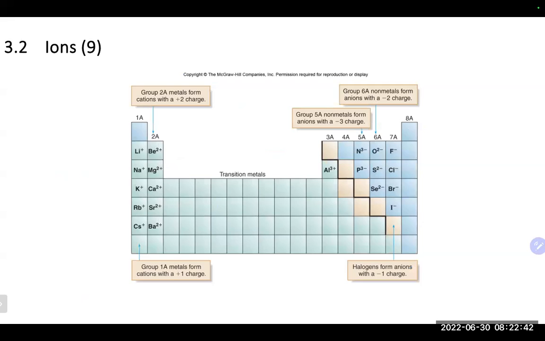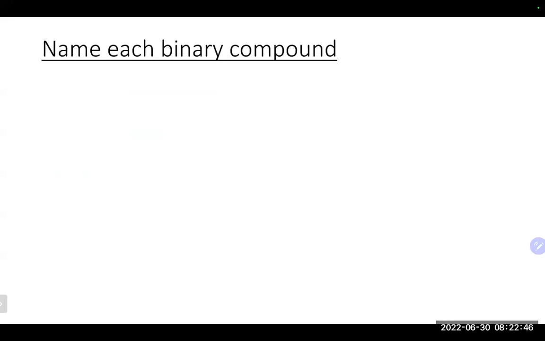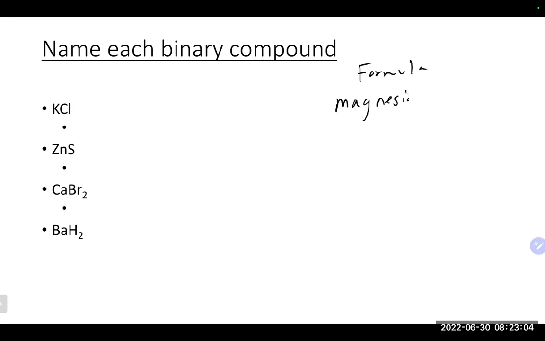All right, so there's our little chart, like we had earlier, of our common guys. So let's try some. Why don't you take a second, and name all these, and also write the formula for these. Let's do magnesium bromide.